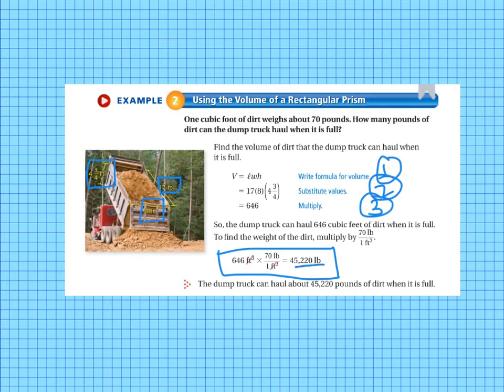And when we do that, we get 45,220 pounds. So 646 cubic feet of dirt weighs about 45,220 pounds. So our answer is that's about how many pounds of dirt that dump truck can haul when it is full.